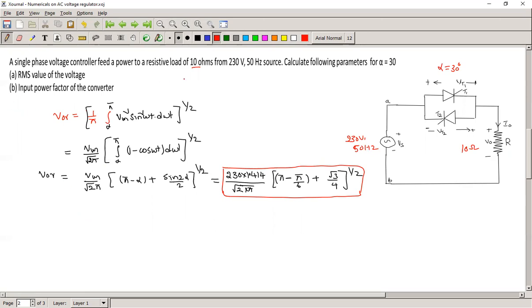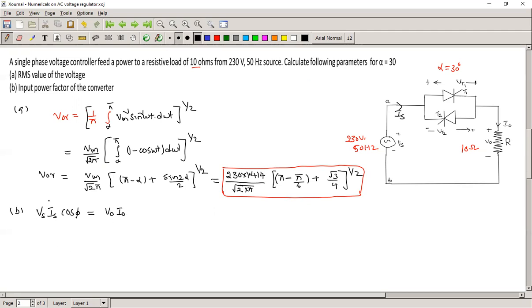This is the first bit, that is, the input power factor. To find the input power factor here, this is IS, this is VS. The input power is VS IS cos phi, where phi is the angle between VS and IS, equal to the output power V naught I naught.